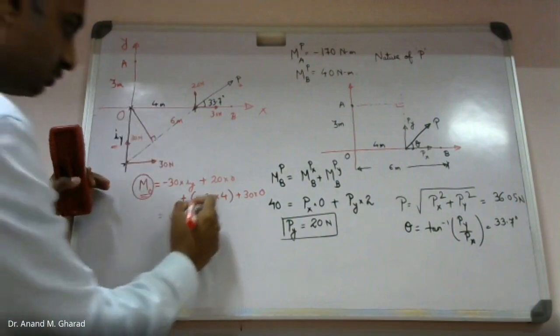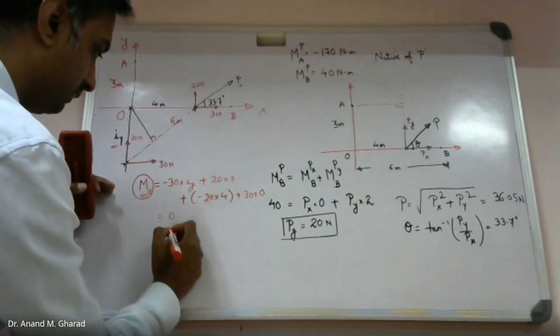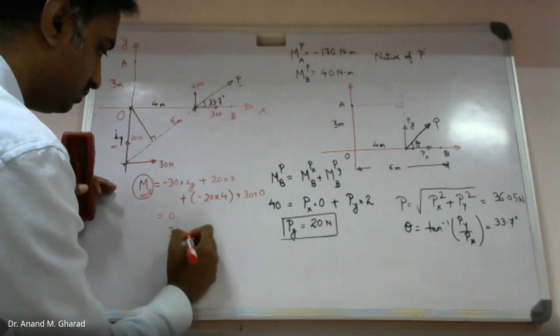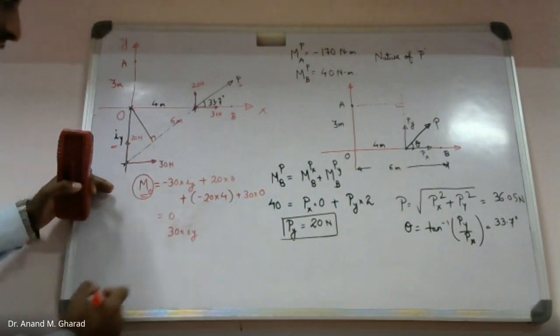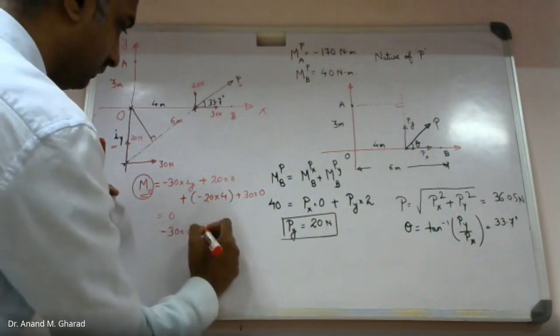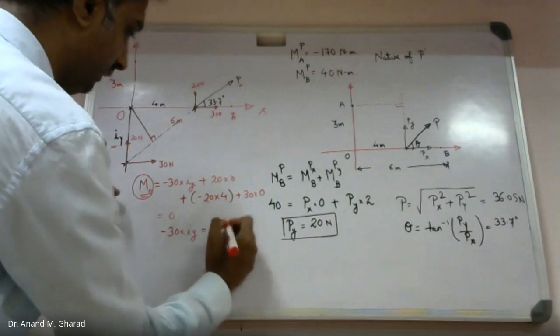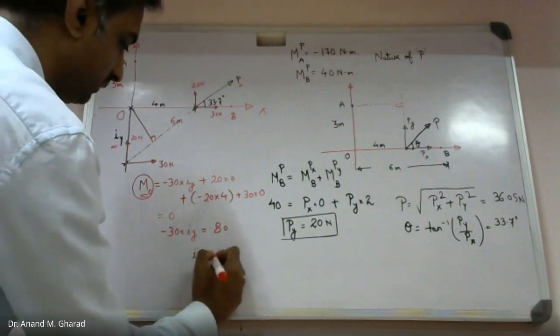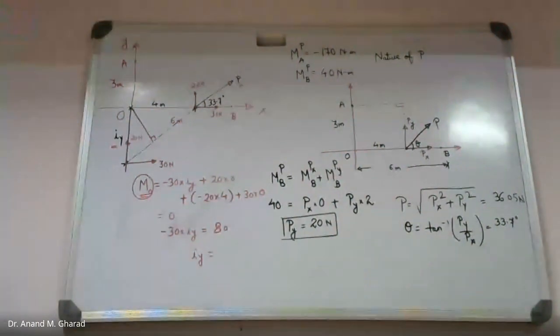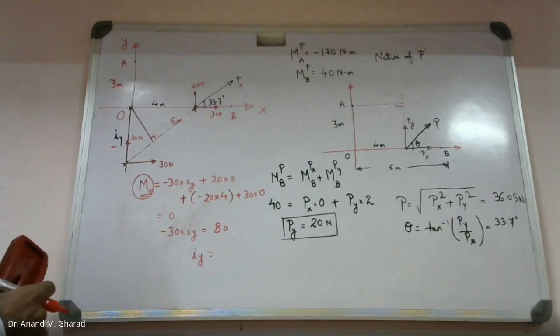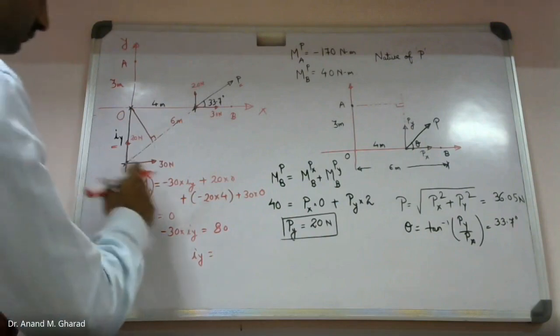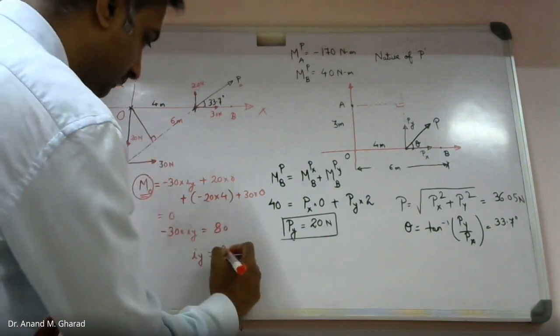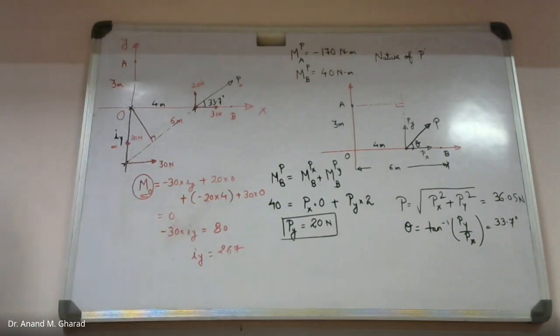Okay. So from this equation, what I will get, 30 into Iy, which is negative, equal to 80, and therefore Iy shall be equal to whatever may be the value. How much does it come out to be? 2.67.